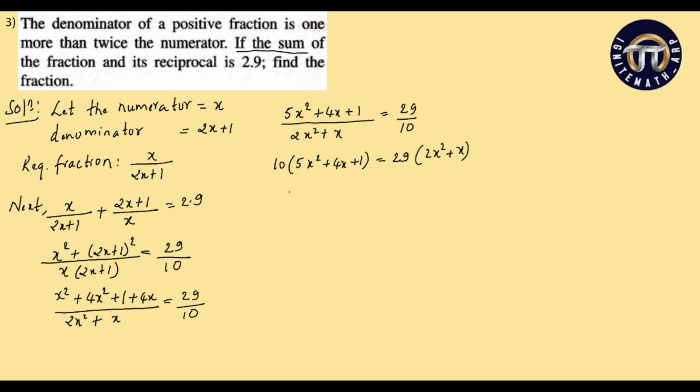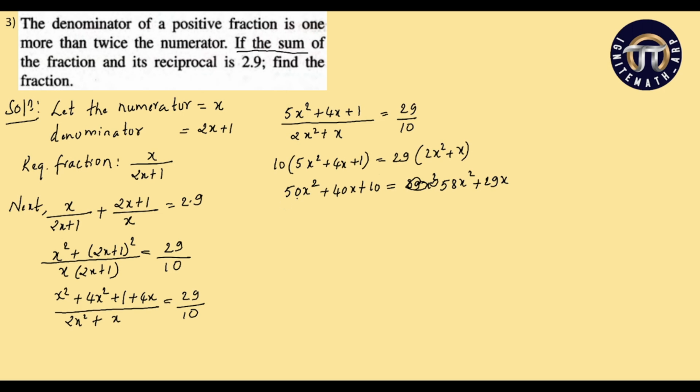So now remove the bracket by multiplying by 10. I would get 10 into 5, 50x square plus 40x plus 10, is equal to 29 into 2x square plus x. Can I write this directly? I can directly write it as 58x square plus 29x. Clear, children?